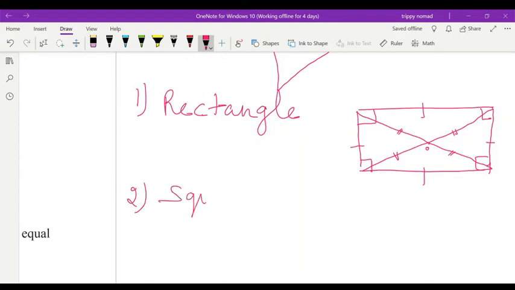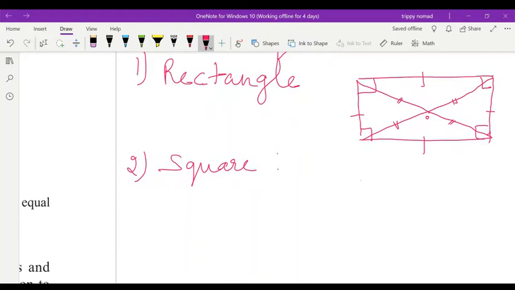What is a square? If all the four sides are of equal measure, then it is called a square.